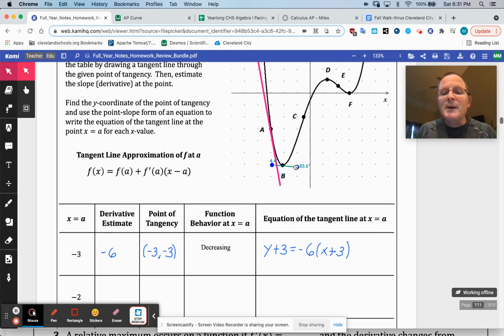Okay, so let's see if we can make that look a little bit better. Okay, there we go. And maybe change the color a little bit.